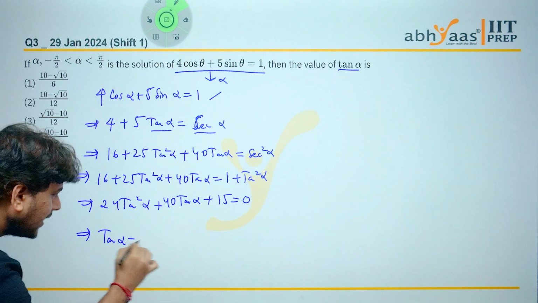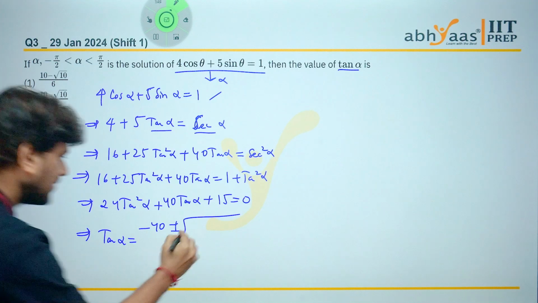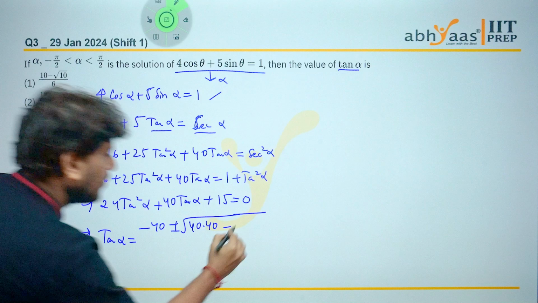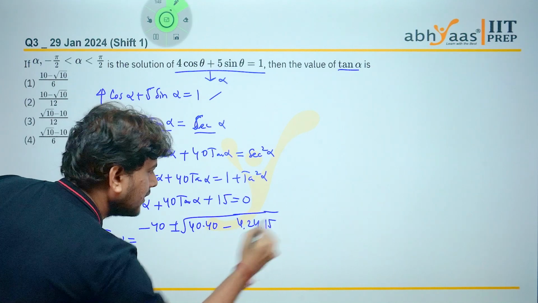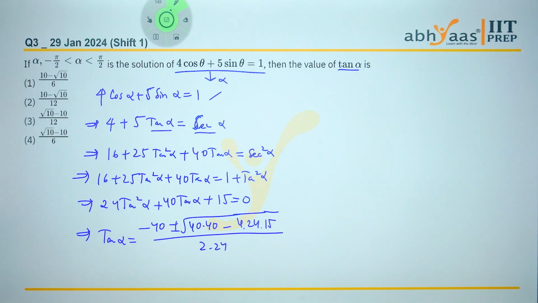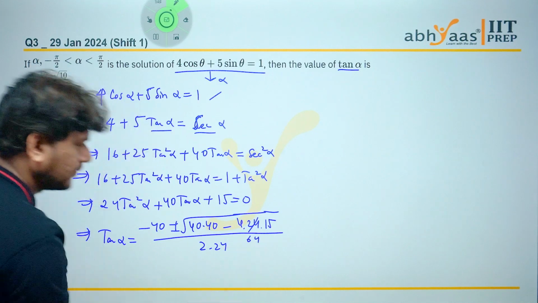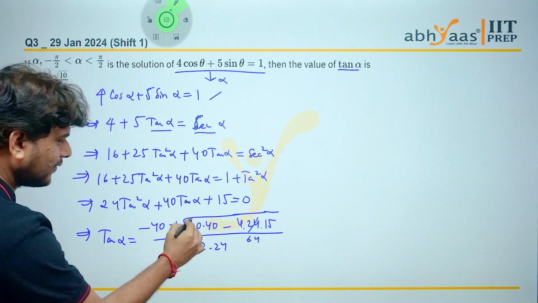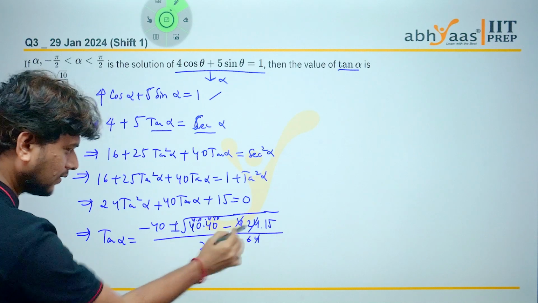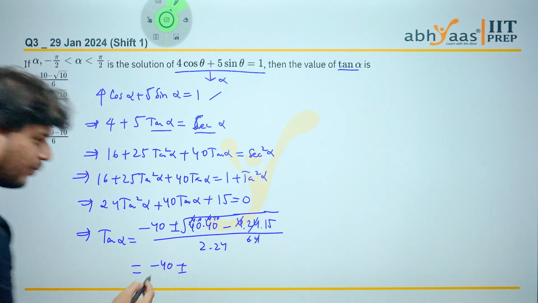So tan alpha will be minus b plus or minus root b square, 40 into 40, minus 4ac, so 4 into 24 into 15, by 2a, that is 2 into 24. We can write 24 as 6 into 4 and 40 as 4 into 10. So we are having two 4s common, so one 4 will come outside. I hope you understand what I meant.